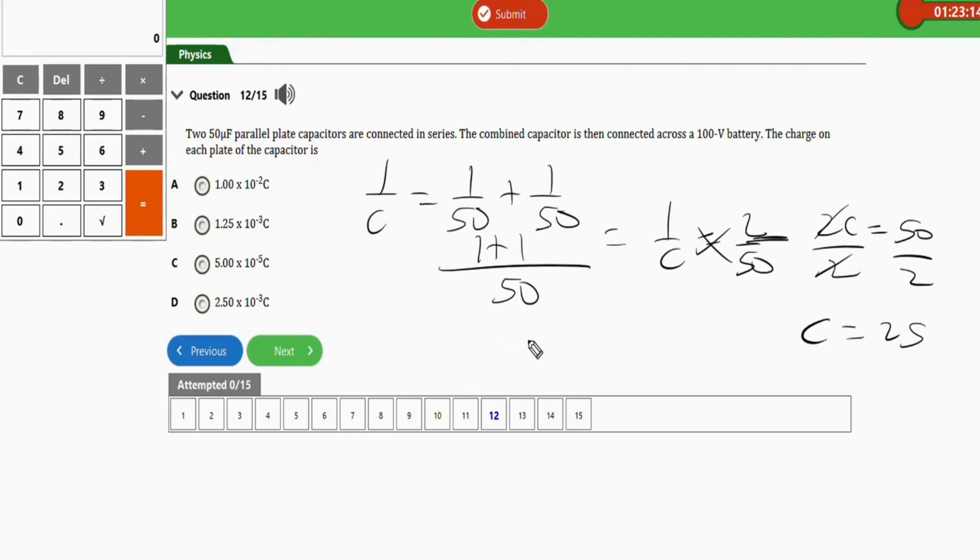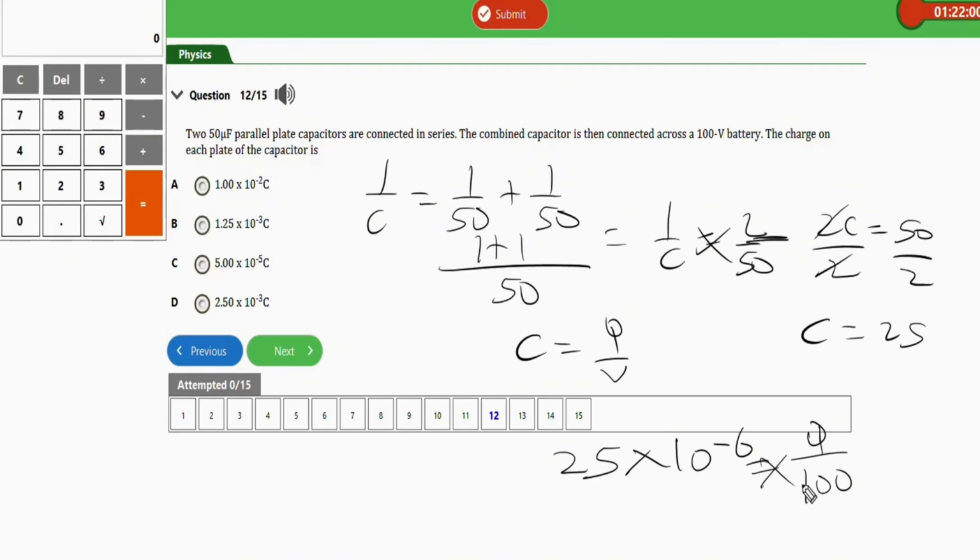So we are looking for the charge. When you apply this formula, capacitance equals charge over voltage, remember we have 25 microfarad, so it times the micro value, which is 10 to the power negative 6, equals Q, the charge, over the voltage given here, which is 100 volts.